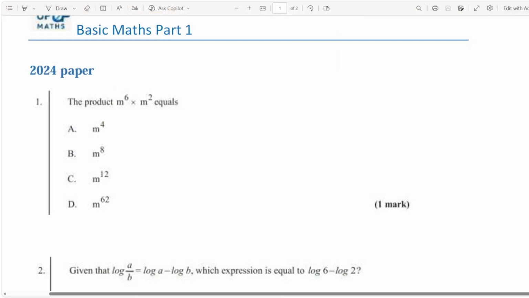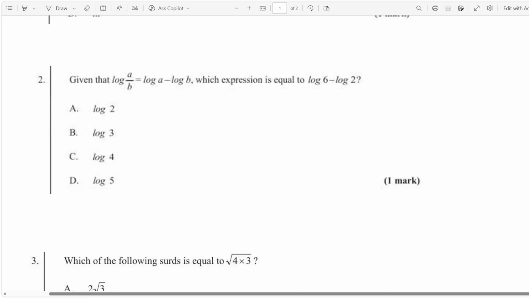Let's look at the second question, just an overview and run through. In the second question, we were looking at logs, the laws of logarithm.